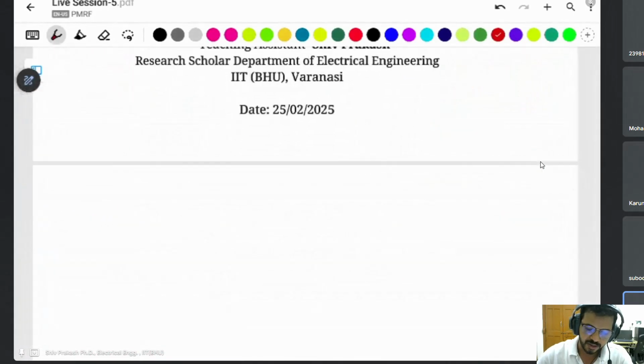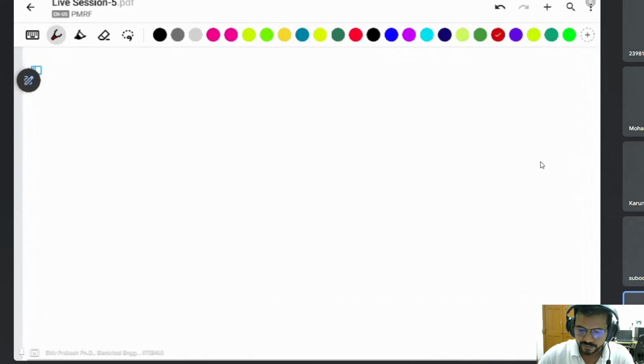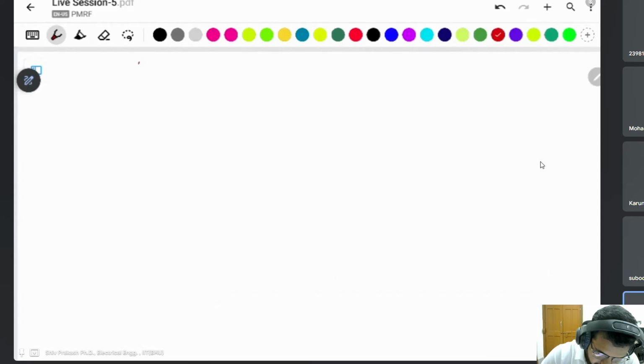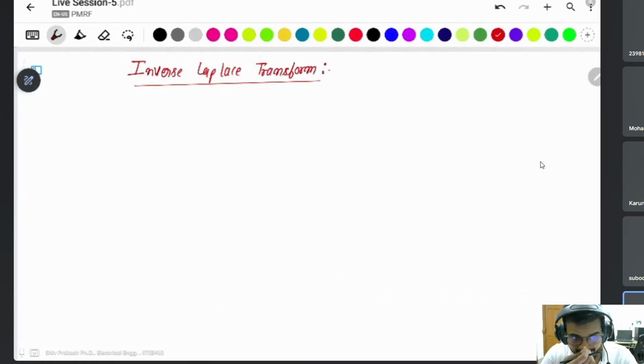Let's start the inverse Laplace transform. For finding the inverse Laplace transform, you have to care about the ROC, region of convergence.